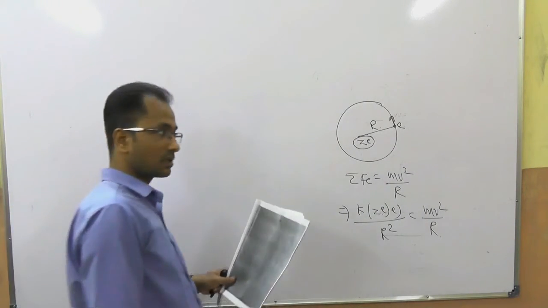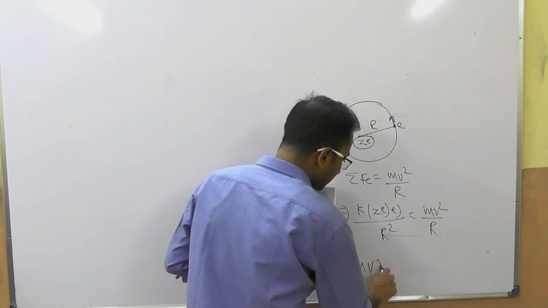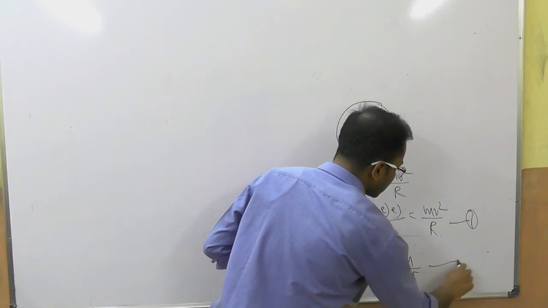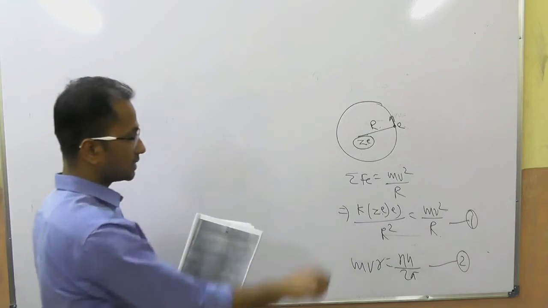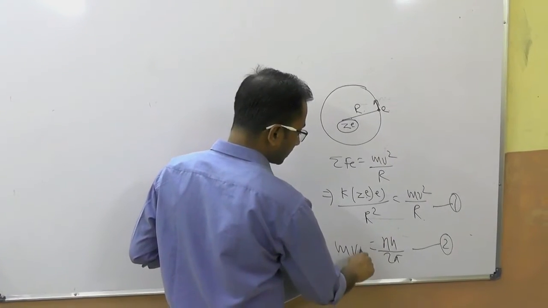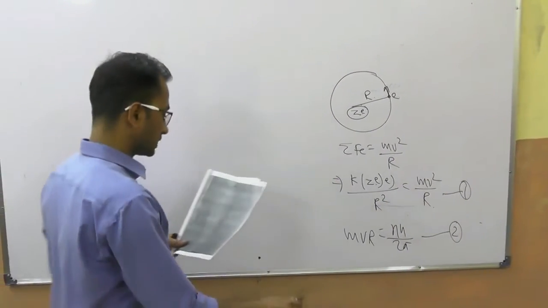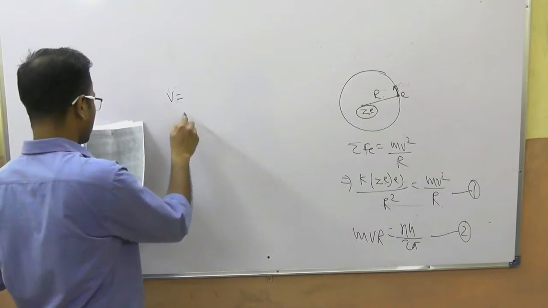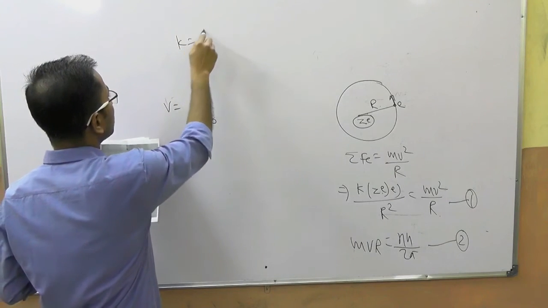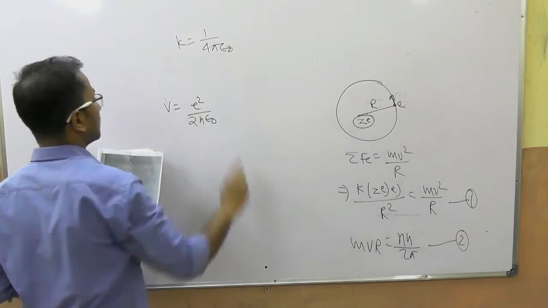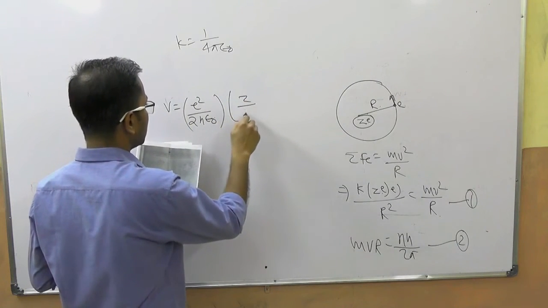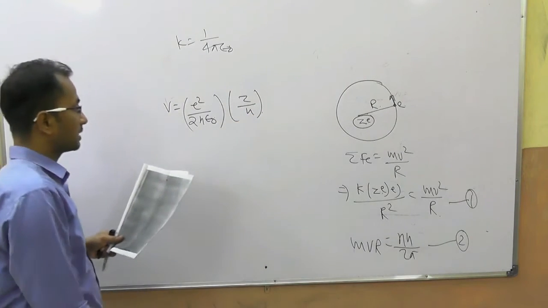Now from the conservation of angular momentum, mvr is equal to nh by 2 pi. From these two equations, take r from here. Suppose this is capital R. I put it here. The final expression is v equal to Z e square by 2h epsilon naught n, where k is equal to 1 by 4 pi epsilon naught.